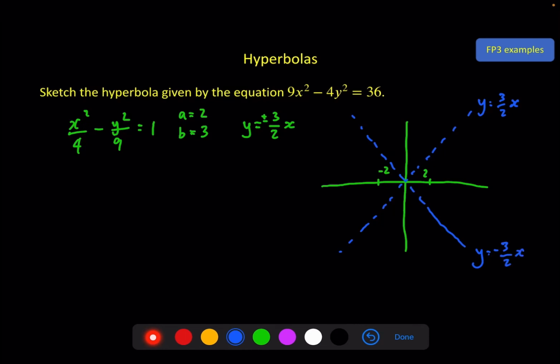And then my curve just needs to fit in here, reasonably symmetrical. It curves down, gets closer to this one, closer to this one. And there we go. Should just add these in for completeness. And we've sketched our graph with the information we need.